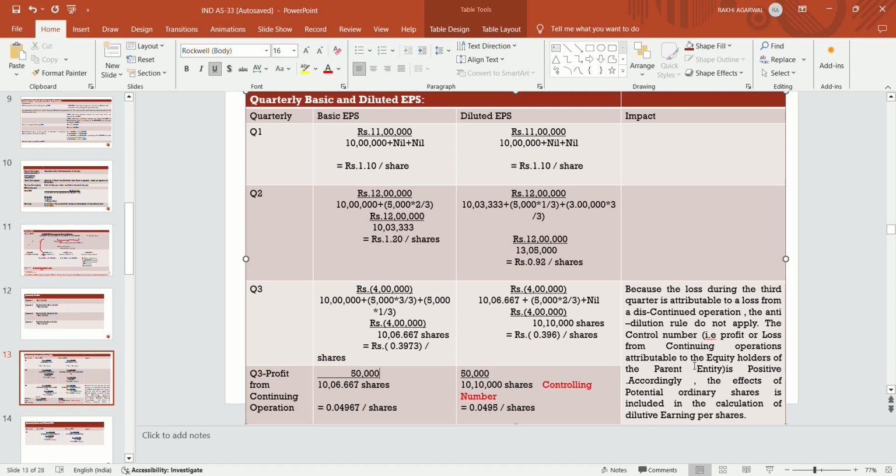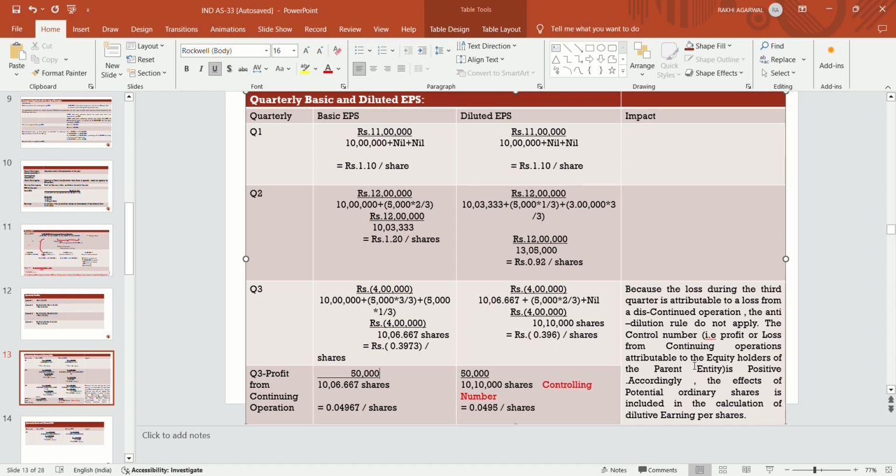So the anti-dilution rule does not apply to the profit from continuing operation, that is the controlling number, because we have to check the profit from continuing operation, and the profit decreases from 0.496 to 0.495 per share. So it was dilution. The profit from the controlling number is dilutive in nature, and the total loss is anti-dilutive, because the loss of 0.3973 decreased to 0.396 per share.